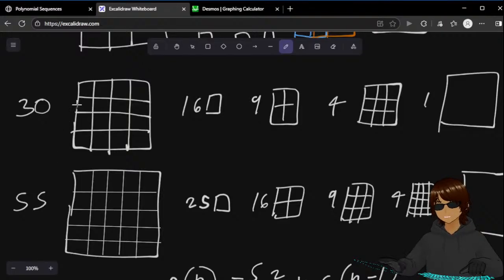So in a 4 by 4 board, there are 4 ways to count 3 by 3.